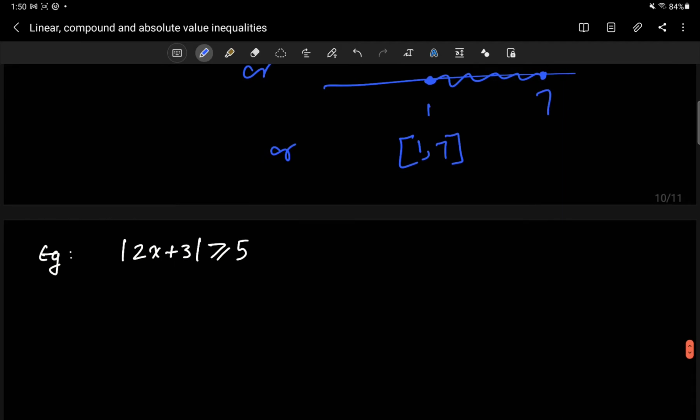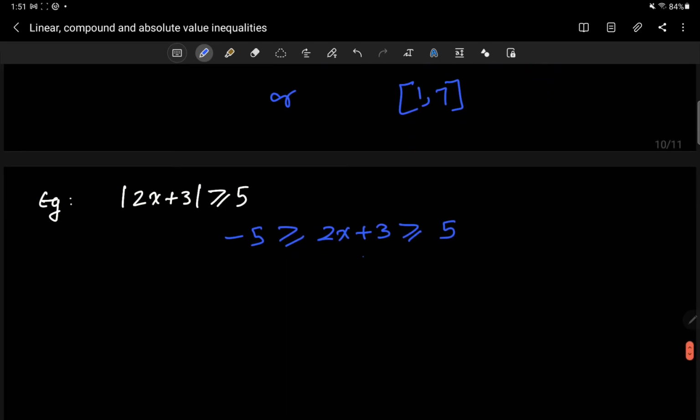Let's look at another example. In this case, instead of less than, it's a greater than, but we still maintain the symmetry with the +5 and -5 and the direction pointing to the right. We subtract 3 to get 2x greater than or equal to 2 and less than or equal to -8.